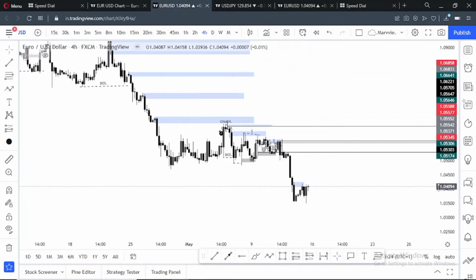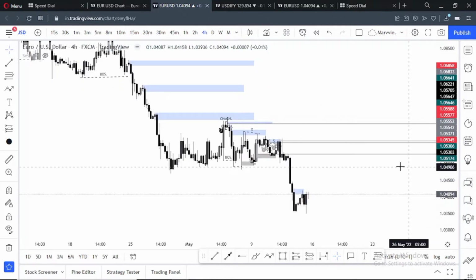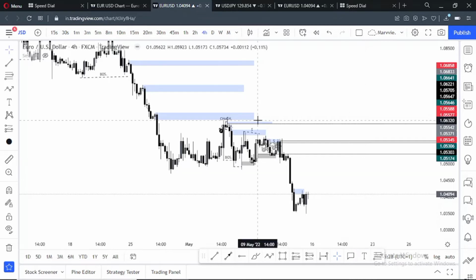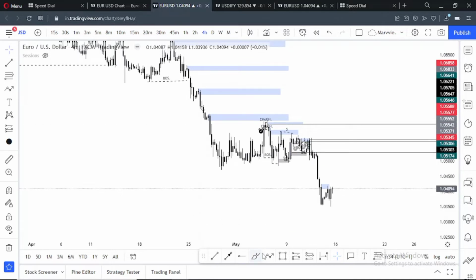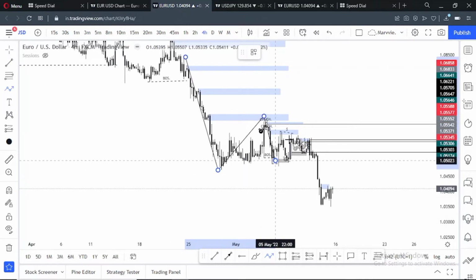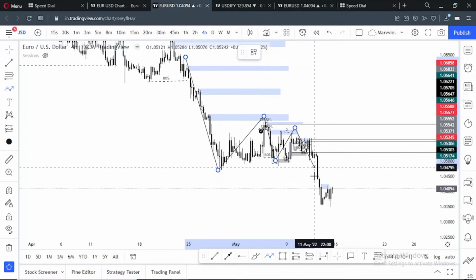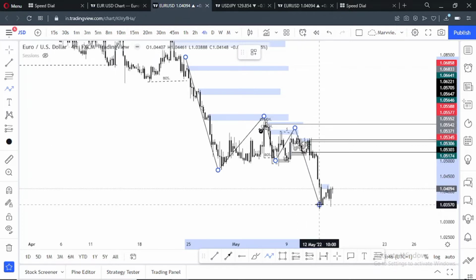And that is not to say we can get into buy type of trades, but it's counter trend and highly risky. So here on EURUSD, we can say that we are having this series of lower highs and lower lows. Then we had all this type of sideways movement here, and a new lower low.